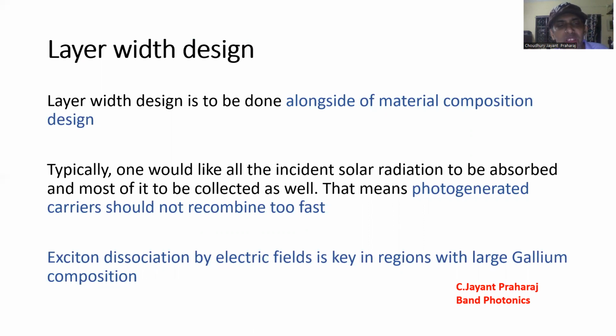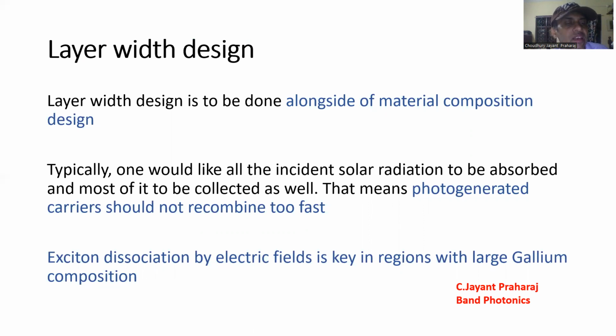Now, if we have large gallium composition, that binding energy can become higher than the thermal energy at room temperature. For example, the thermal energy near room temperature is something like 25 to 26 millielectron volts, while for large gallium composition, the exciton binding energy can become something like 40 millielectron volts.